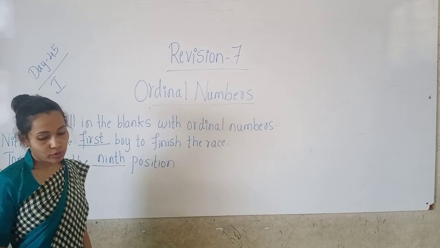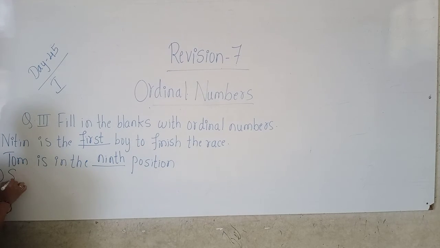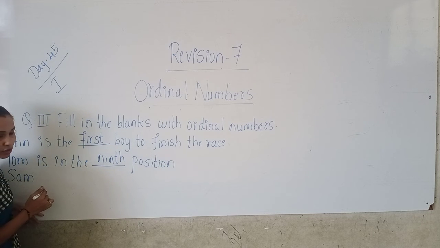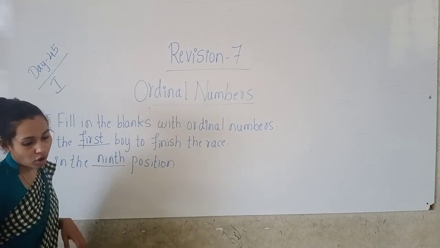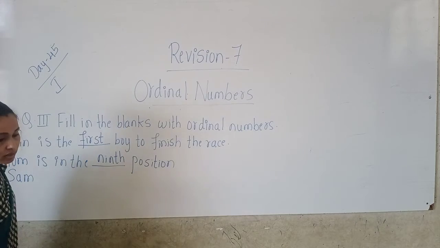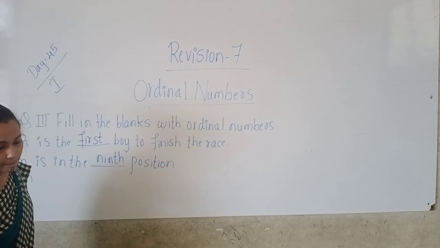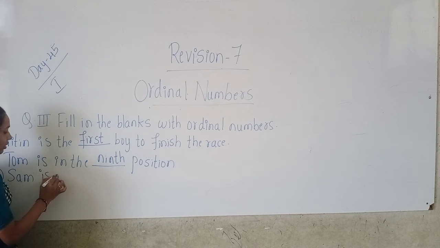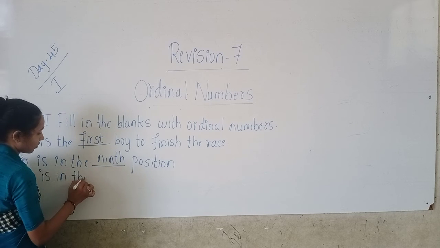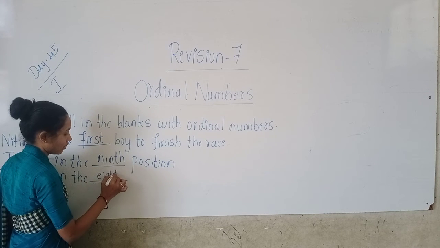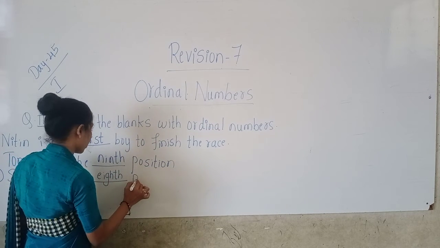Sam is in the dash position. Can you see Sam here? Before Tom, Sam is standing. So what is Sam's position there? Before Tom means his position is 8th position. So what should we write here? Sam is in the 8th position.